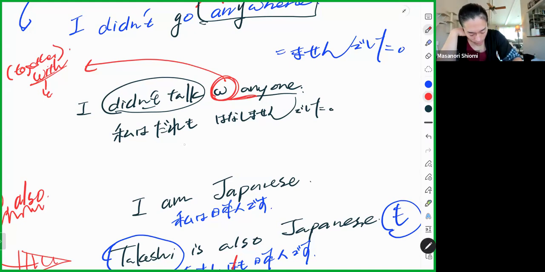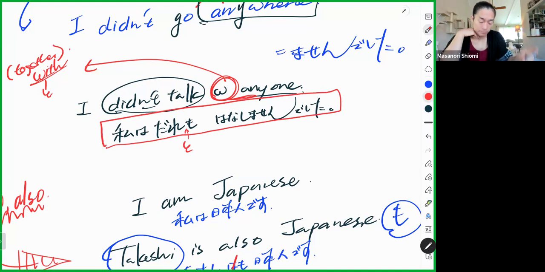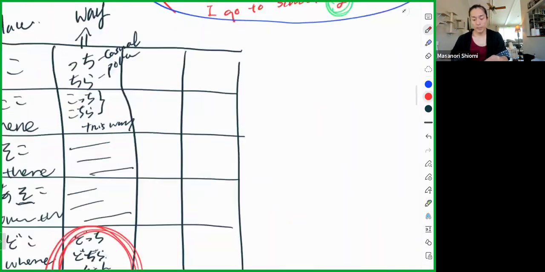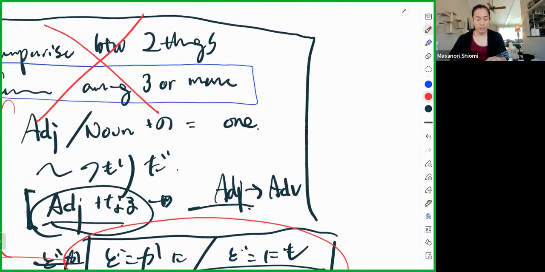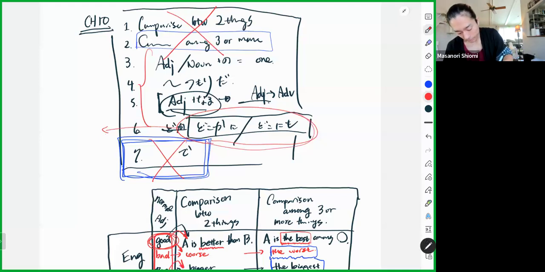So here, we have to add to. Now, where do we put it? Again, before も, right? So with that, 私は誰とも話しませんでした。I didn't talk with anyone. And this is the ground point for this chapter. So again, it's not really a new thing. Okay?